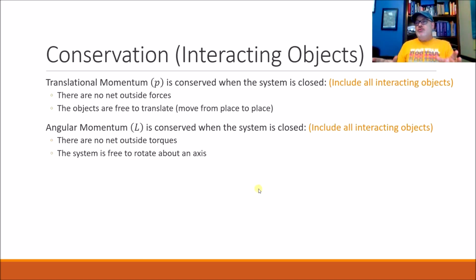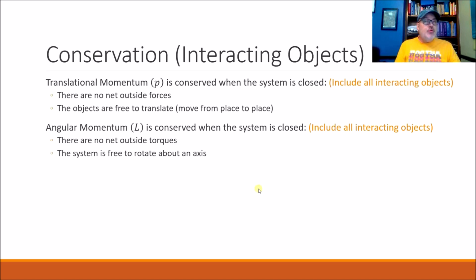Now the same will be true if you have objects that could be rotating. As long as you include all of the objects that are interacting in the rotational system, and there are no other outside torques, and the objects are free to rotate about an axis or a point, then you'll have conservation of angular momentum.